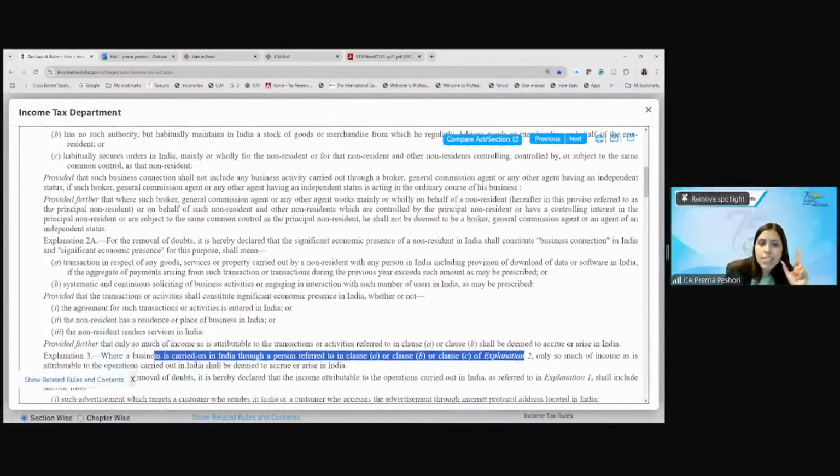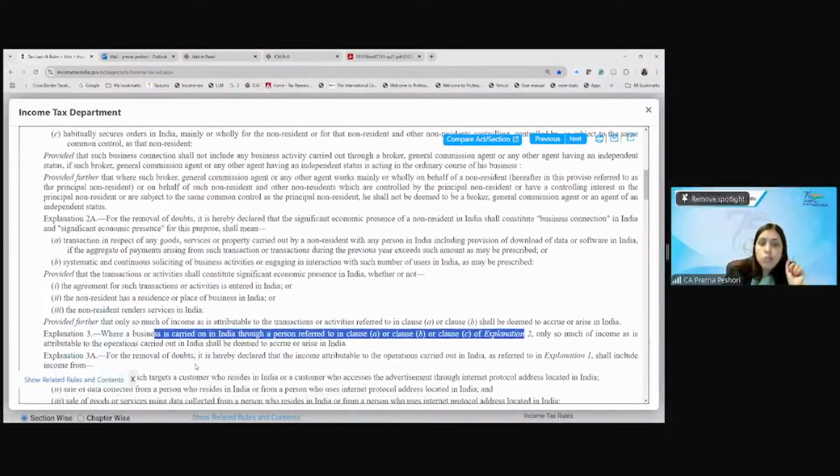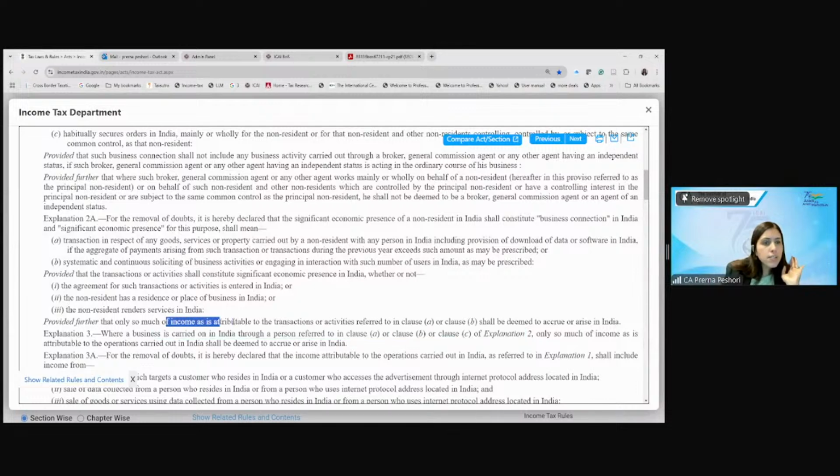So any business carried out in India through a dependent agent, in respect of that person also, only so much of income as is attributable to the operations carried out in India shall be deemed to accrue or arise in India. Here also it is written this particular line only, but this is for SEP, this is for business connection. That only so much of income as is attributable to the transactions or activities shall be deemed to accrue or arise in India.